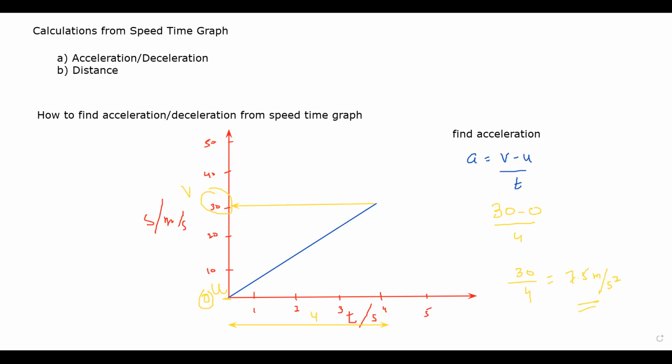Is it clear how we can find the acceleration from a speed time graph? We take the final velocity, that's called v, and the starting velocity, that's called u, and the time interval between the initial and final velocity. So change in the velocity, final minus initial, divided by the time interval, will give us the acceleration of an object.